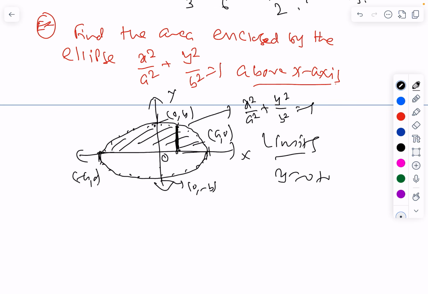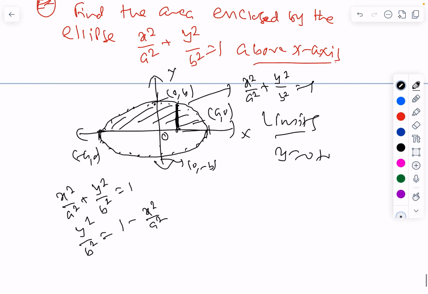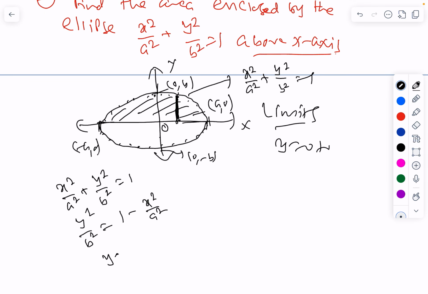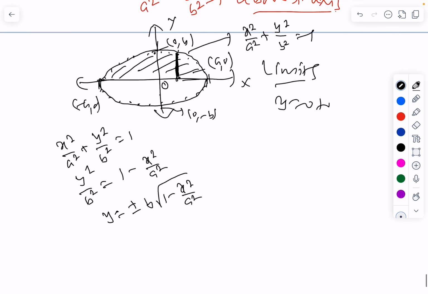So x square by a square plus y square by b square equal to 1. So y square by b square equal to 1 minus x square by a square. Or you can say y equal to plus minus b root of 1 minus x square by a square. Or you can say like b by a root of a square minus x square also.